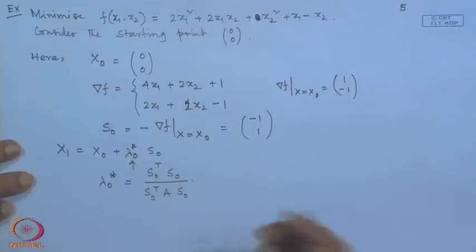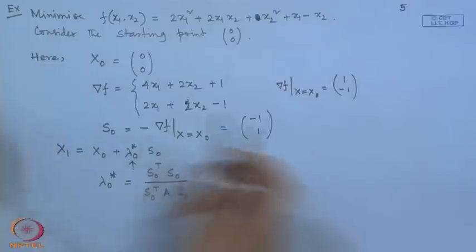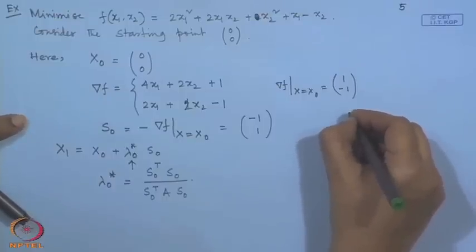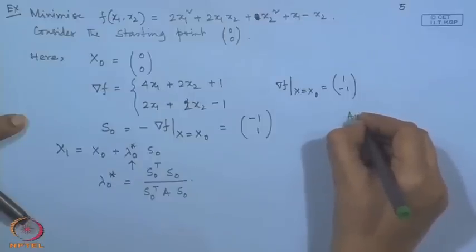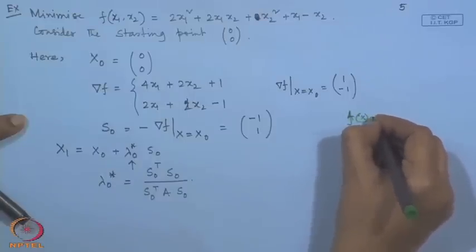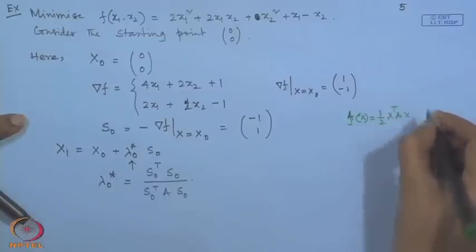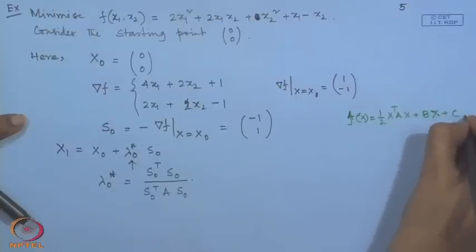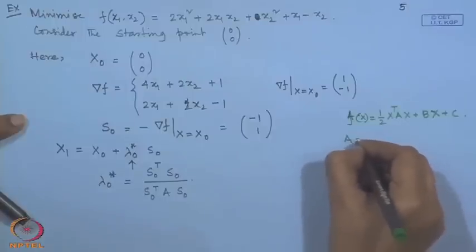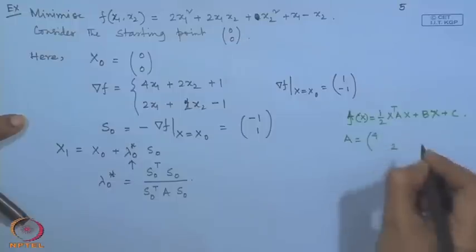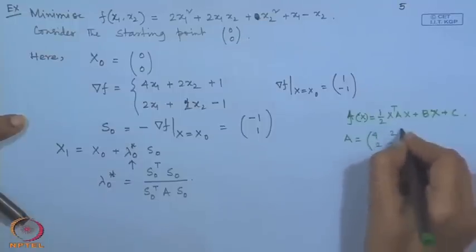Now, let me consider a few things here. If we consider the function f(x) in the form of half of x transpose A x plus b transpose x plus c, this is the quadratic function. If this is so, then A would be equal to [4 2; 2 2].